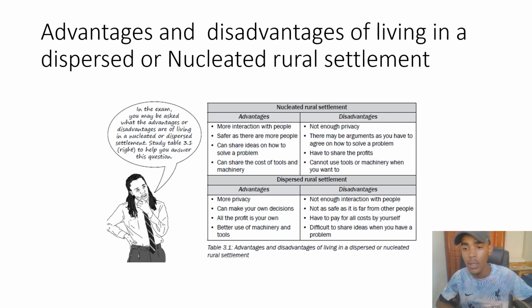I'm sorry about that. So the advantages are more pronounced as there are more people under a nucleated settlement because the houses are close together. People can share ideas on how to solve a problem. People can share the cost of tools and machinery. As for disadvantages, there is not enough privacy in a nucleated settlement.